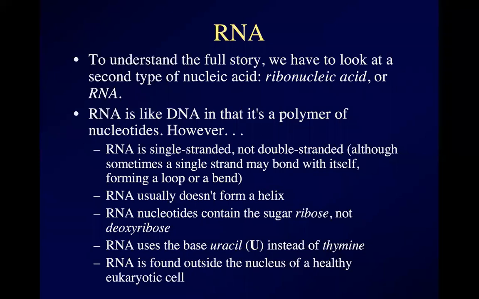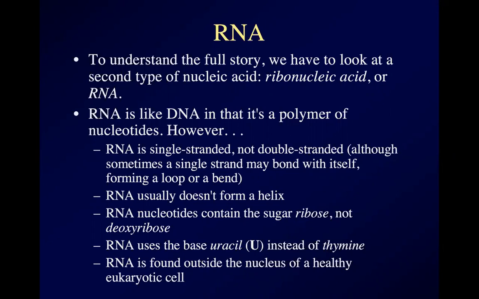The nucleotides contain the sugar ribose, not the sugar deoxyribose. One of the four bases is a little bit different. Instead of thymine, it uses uracil. The adenine, guanine, and cytosine are exactly the same as DNA. And then RNA is found outside the nucleus.